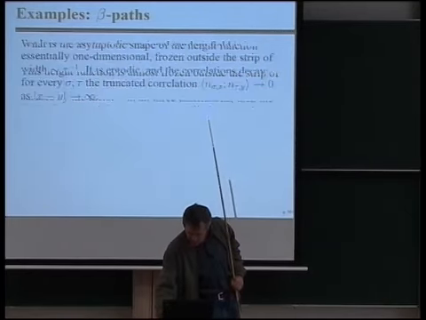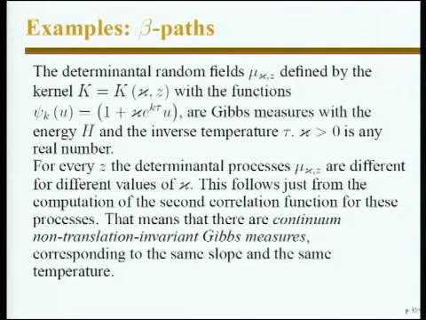This parameter kappa here, if you change it continuously, then you are getting a continuous family of fields which are singular with respect to each other. So you remember that in the tiling case, we had a two-parameter family of fields which are classified by the tilt.